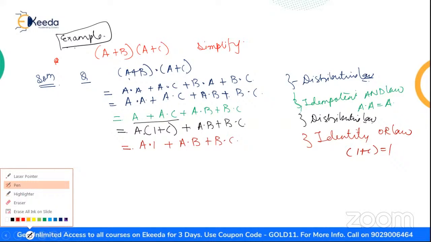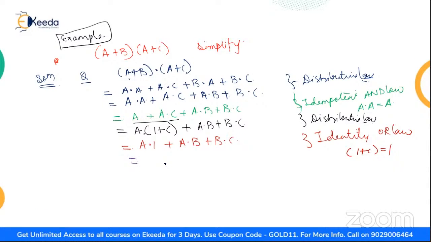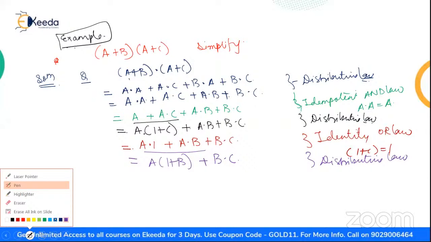Then we'll go to the next step. That is, consider this: A into (1 plus B) plus B dot C. This is again distributive law. Okay, so come to the next step.